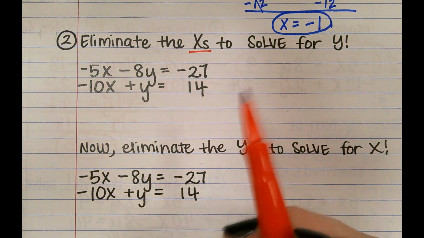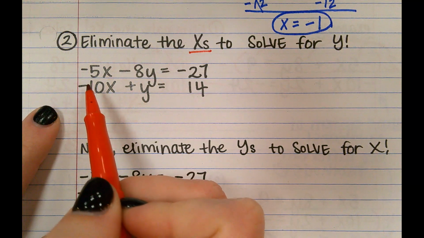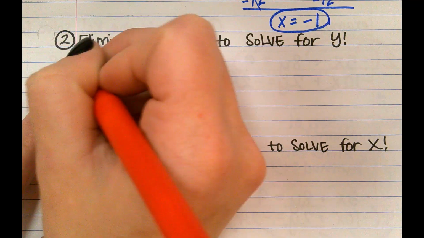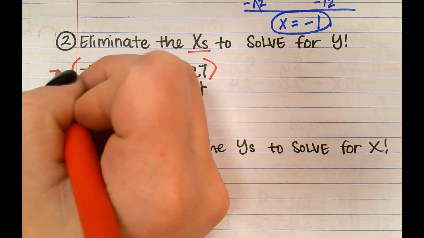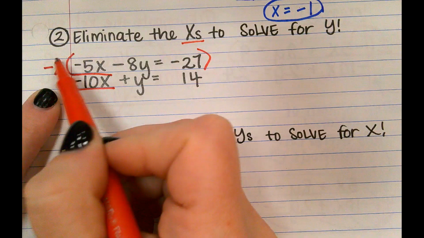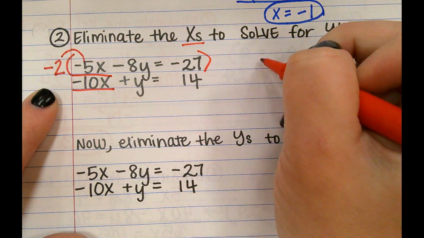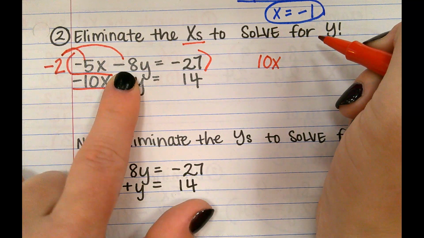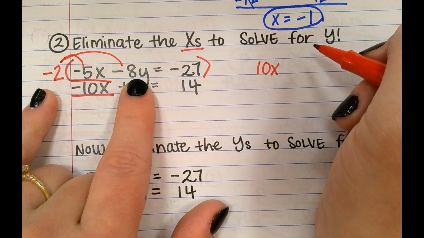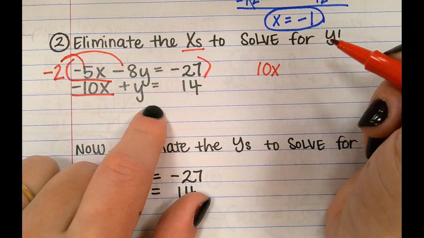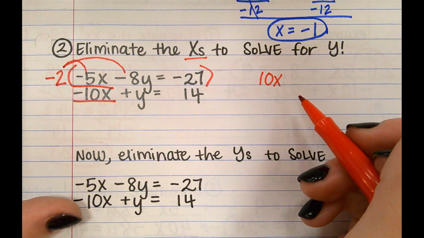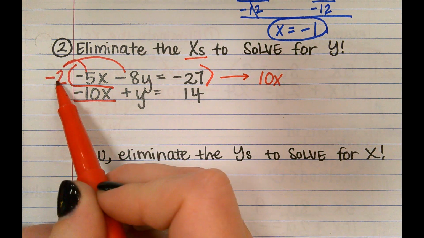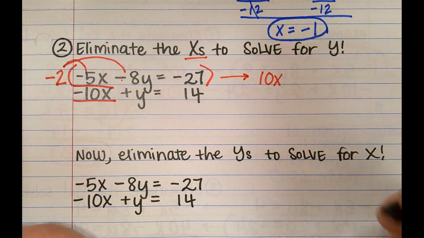We multiply the equation first by -2. Yes. I'm going to get these to match. So, we'll multiply by -2. That'll give me positive 10x. Minus, I have -2 times -8y.